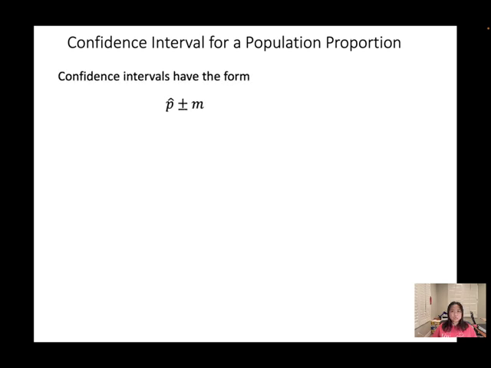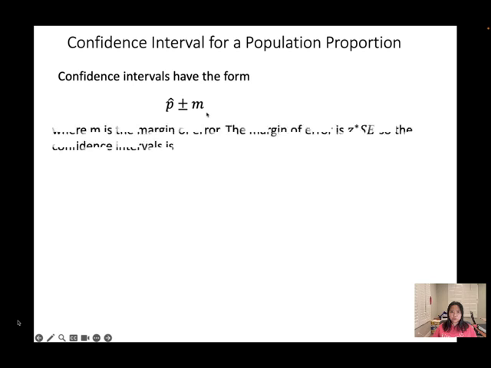So the confidence interval has the form: the sample proportion plus minus the margin of error. And the margin of error is equal to the z star times the standard deviation.